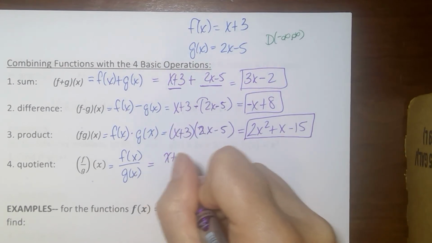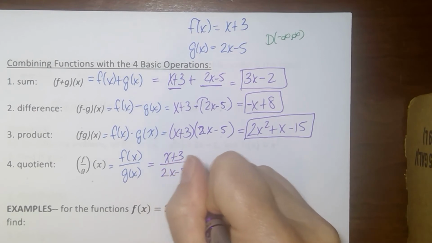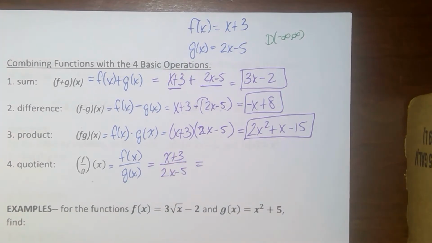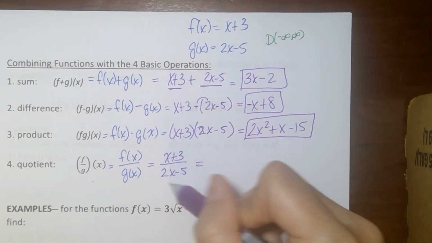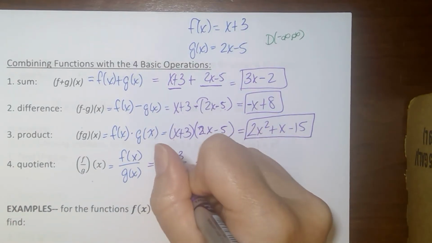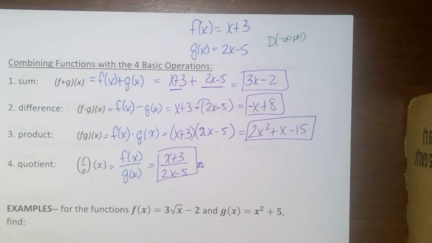I'm taking an entire function, in this case g of x, and I'm putting it into my denominator, which means now I have an x in my denominator. I don't have something with all real numbers as the domain. I have a rational function. So I need to be careful. This is lowest terms. I want to check to see if I can reduce anything, but this particular quotient is lowest terms, so I don't need to simplify, but I do need to check my domain.